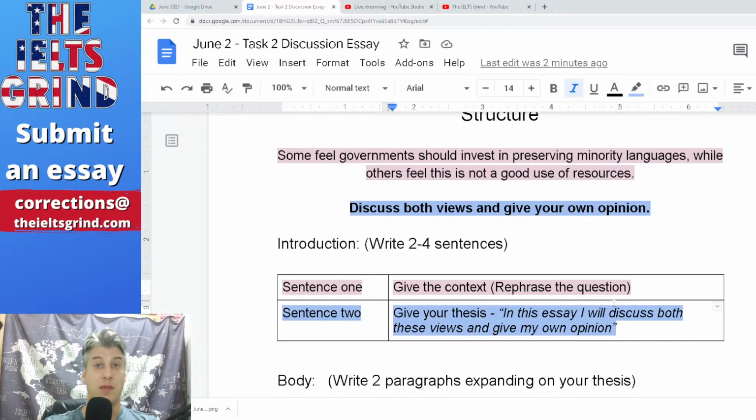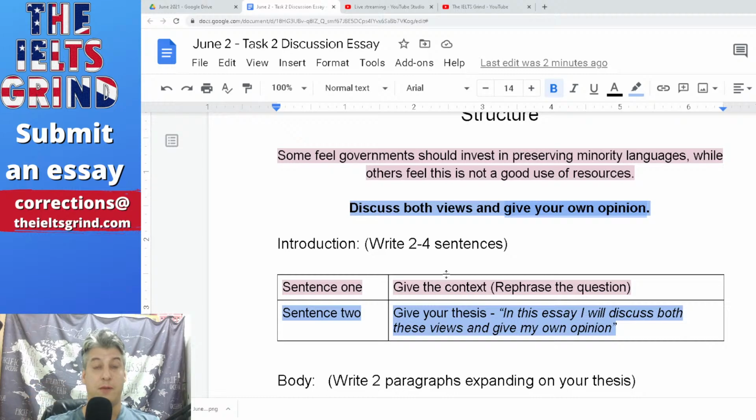But for this type of essay, it tells us to discuss both views and give your own opinion. If you were to give your opinion at the beginning, there would be no point discussing the other points of view because you already said what you think.